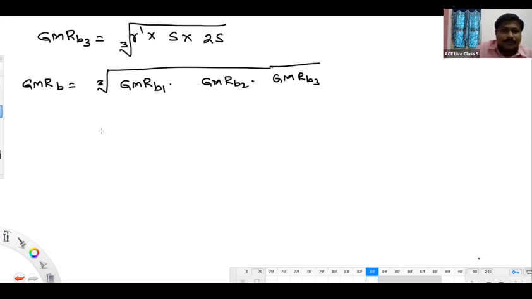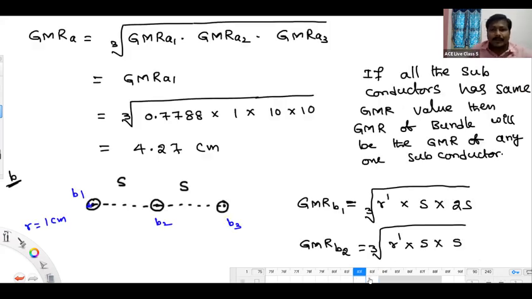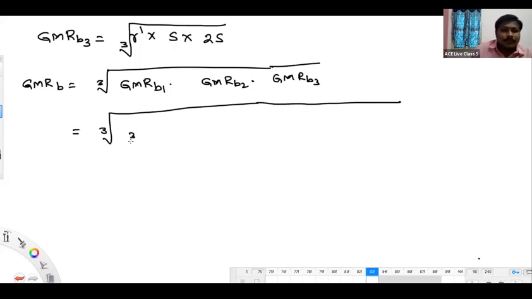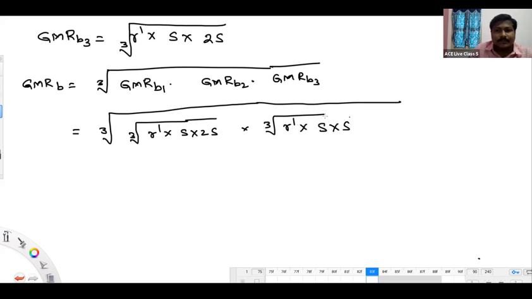Let's substitute these now. The cube root of R dash into S into 2S, the cube root of R dash into S into S, and the cube root of R dash into S into 2S.